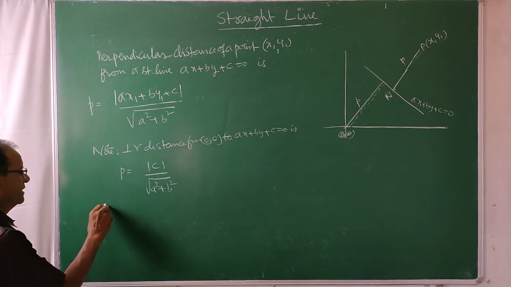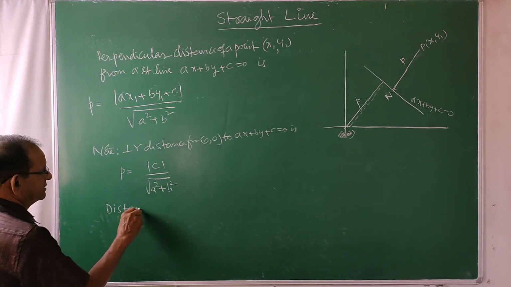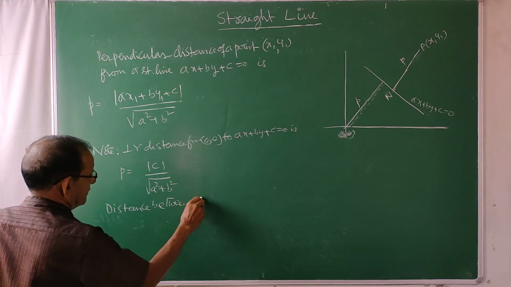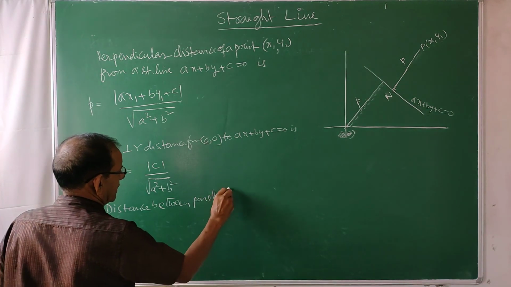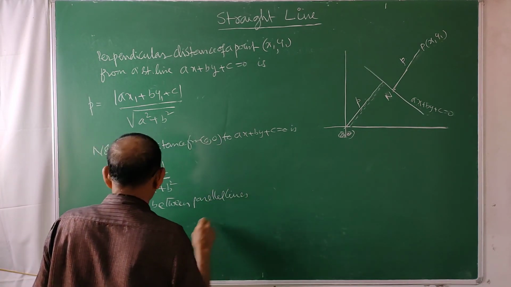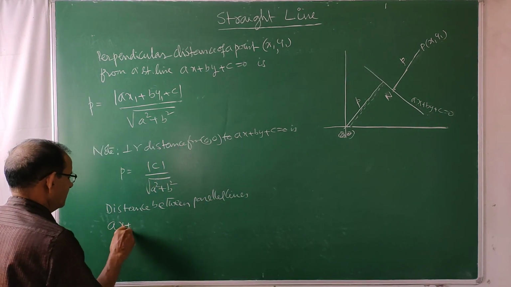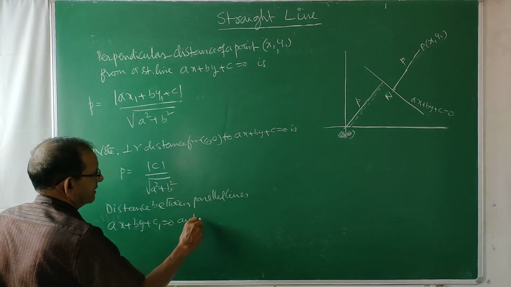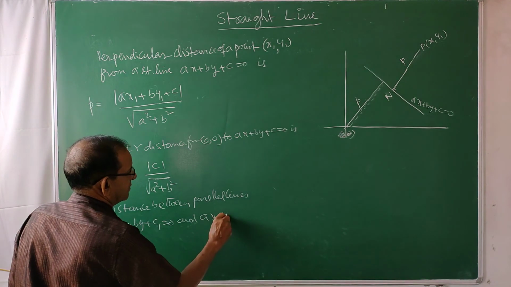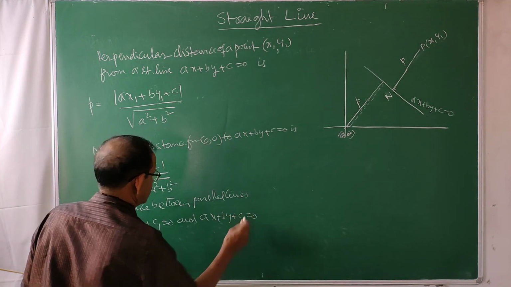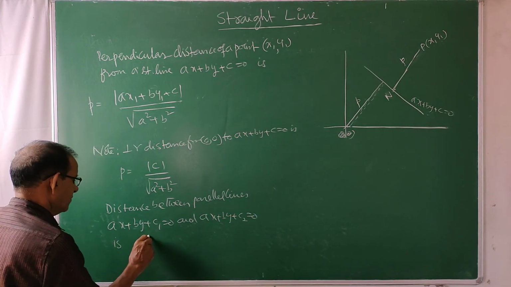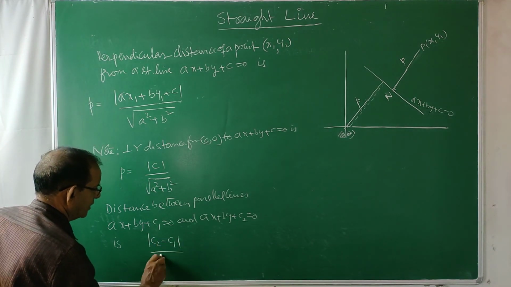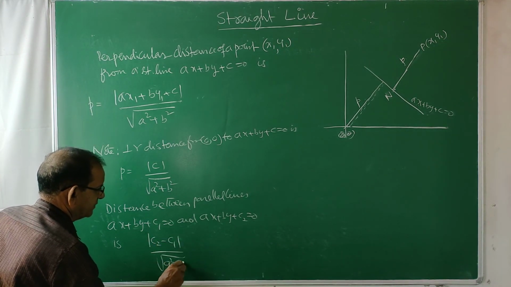Next one is the distance between parallel lines. The distance between parallel lines ax plus by plus c1 is equal to 0 and ax plus by plus c2 is equal to 0 is modulus of c2 minus c1 by root of a square plus b square.